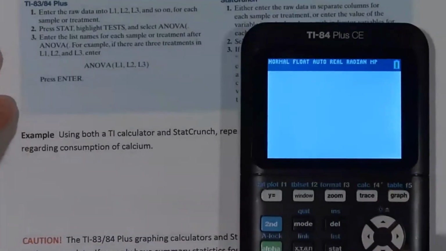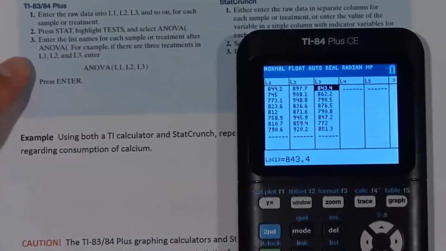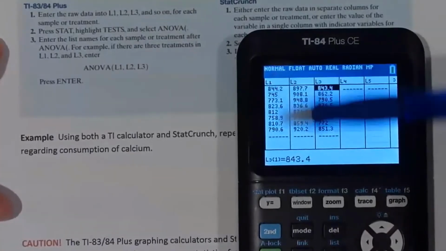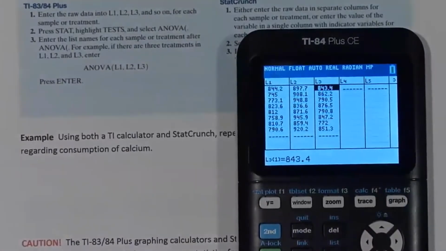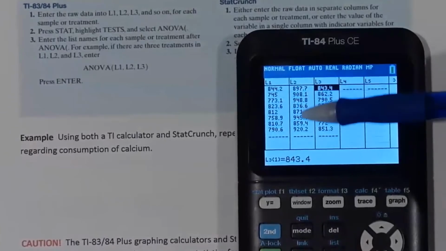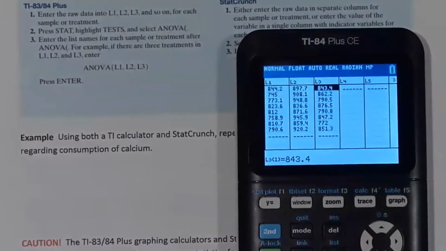If I bring in my calculator, and again, I've included steps here. If I go to Stat and Edit, prior to starting this video, I entered the 3 sets of data into the lists of my calculator. So in list 1, I have the lean meats data, in list 2, I have the mixed meats data, and in list 3, I have the higher fat meats data.